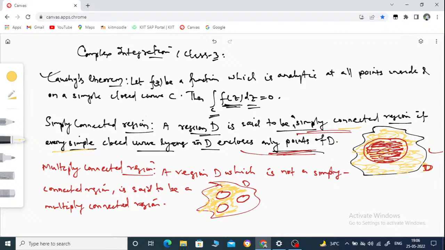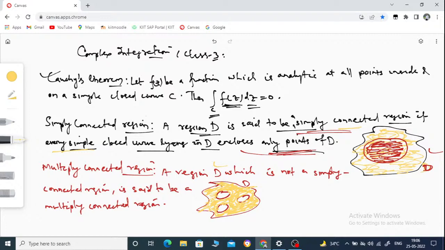This region D includes all the points in this yellow color, and there are three holes like this.